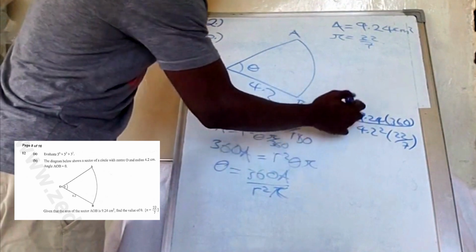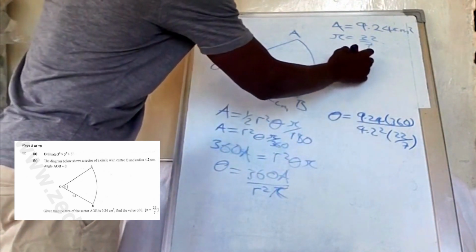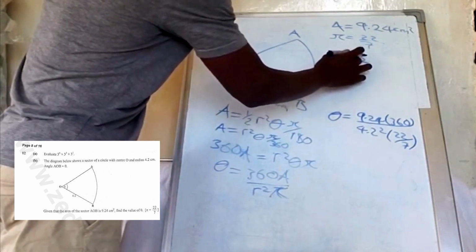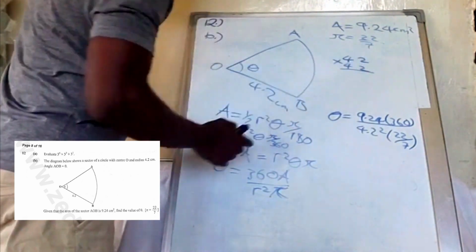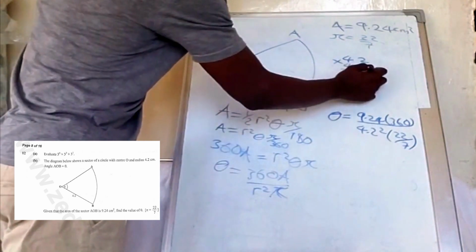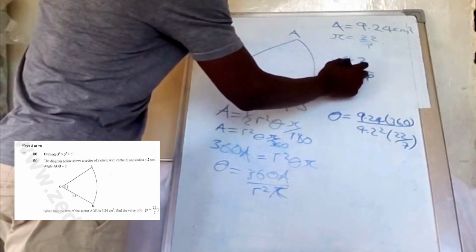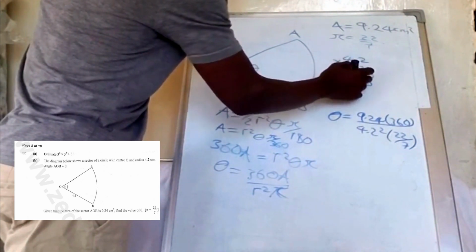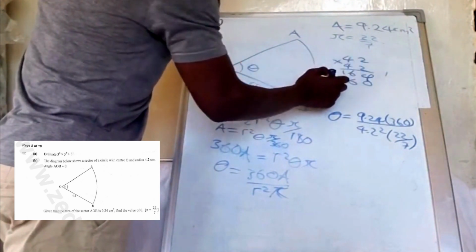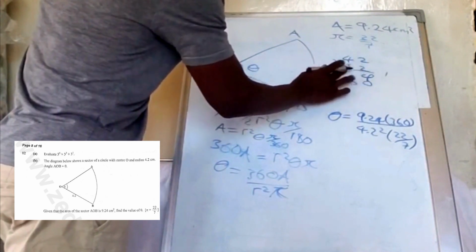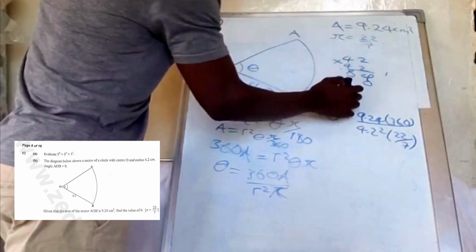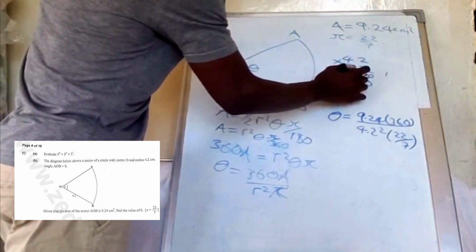Okay, let's start with evaluating 4.2 squared. 4.2 multiplied by 4.2. You can say 42 multiplied by 42. 2 multiplied by 2 will give us 4. 2 multiplied by 4 is 8.